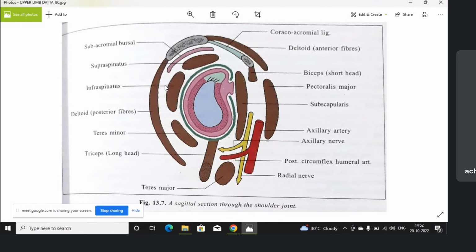Next, above relation: supraspinatus muscle and subacromial bursa.